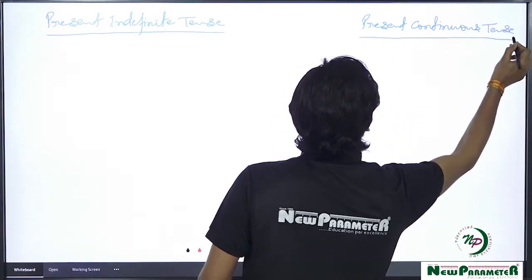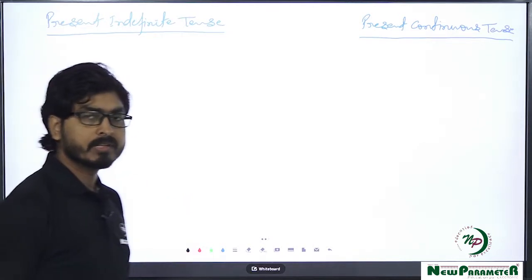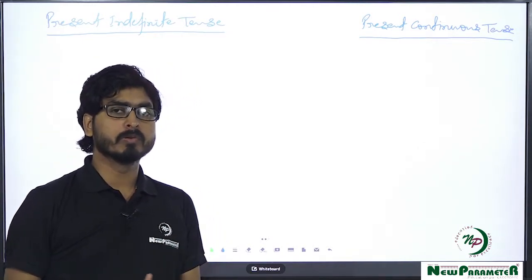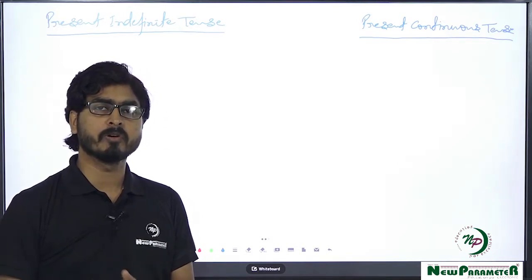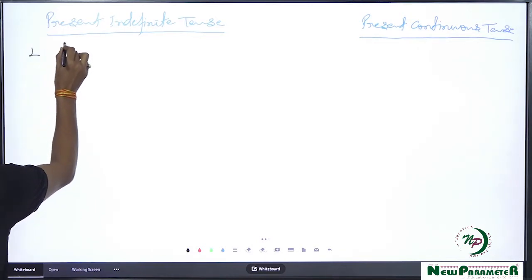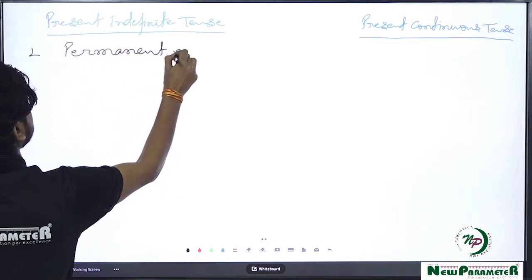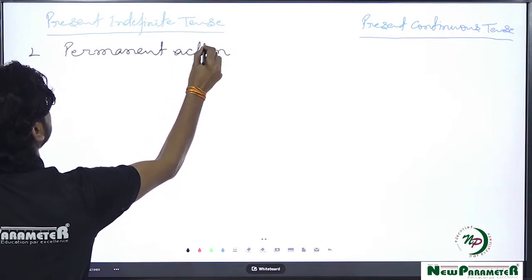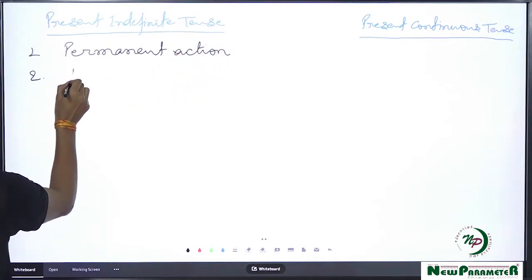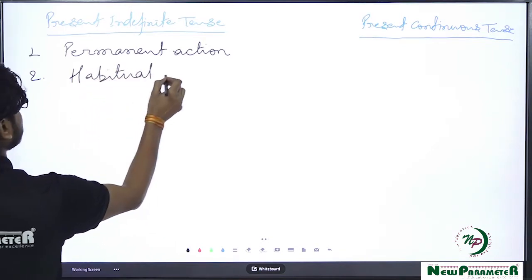The basic difference is that present indefinite is basically used to show any action that is permanent at present. I am writing here. Permanent action. We can also use it for habitual action.